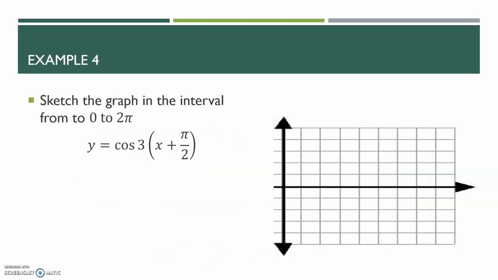All right, so my parent function here is going to be this. Even though that x is in the parentheses, it's just because we've got something added at the end. It's still part of the cosine. So I've got amplitude of 1, period again of 2 pi over 3.